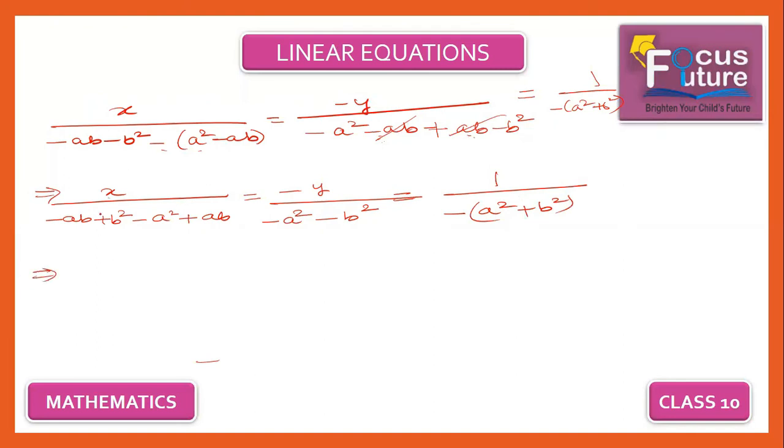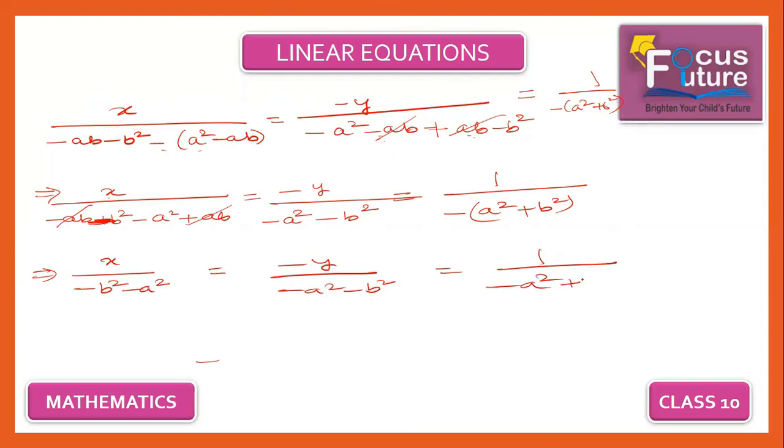So here x divided by minus ab, here minus and here plus will cancel. So you are left with this b is minus b square minus a square equal to minus y upon minus a square minus b square equal to 1 upon minus a square plus b square.